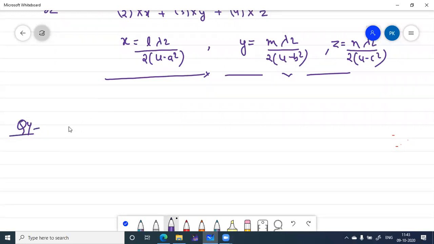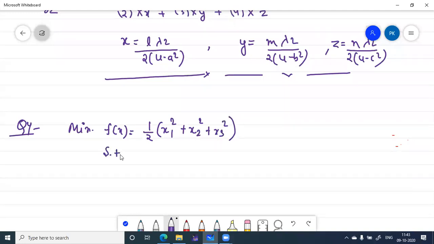I'm writing a problem that also consists of three variables. Just try to solve it. We have three variables here, x1, x2, and x3. And these are subjected to the equality constraints. First one is x1 minus x2 is 0.